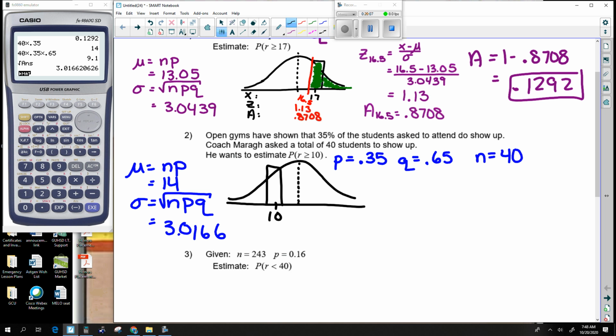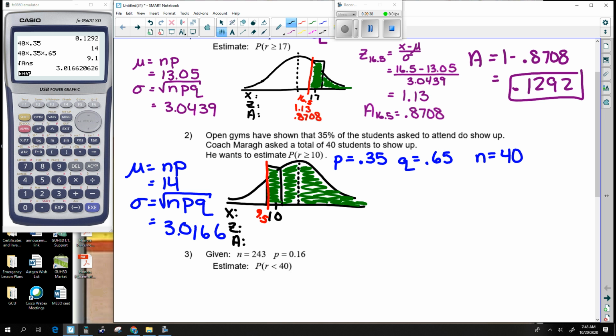Make a bar around it, and I want my R to be is greater than or equal to. So that leaves the edge of the bar right here, which is a little bit below the 10, so that's going to be 9.5. That's the X that I'm going to be using.